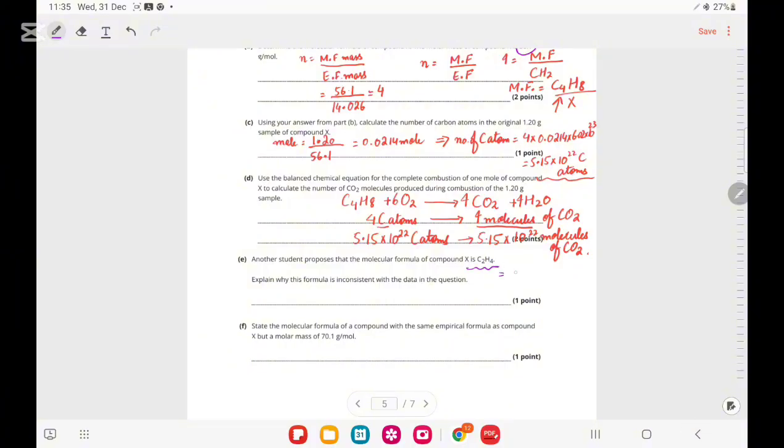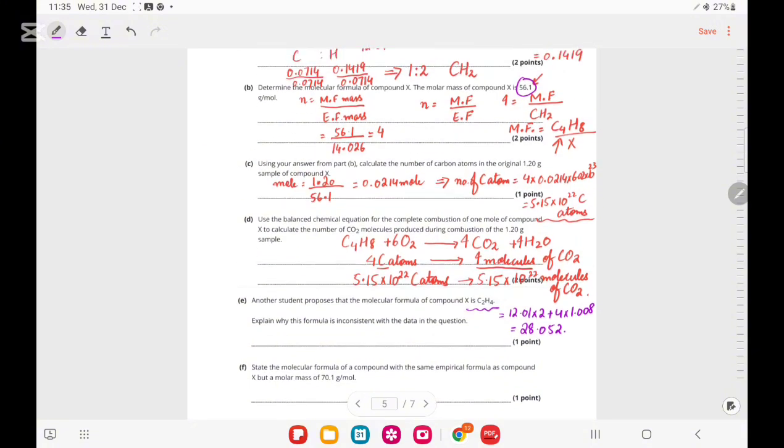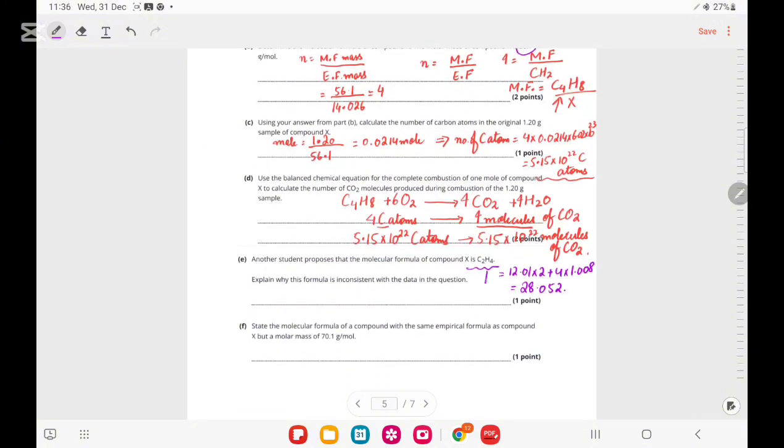If we calculate its molar mass, it comes out to be 12.01 times 2 plus 4 times 1.008, so it comes out to be 28.052. The molar mass given is 56.1, but for this molecular formula, it comes out to be 28.052. Okay, so that is why it is inconsistent with the data in the equation.